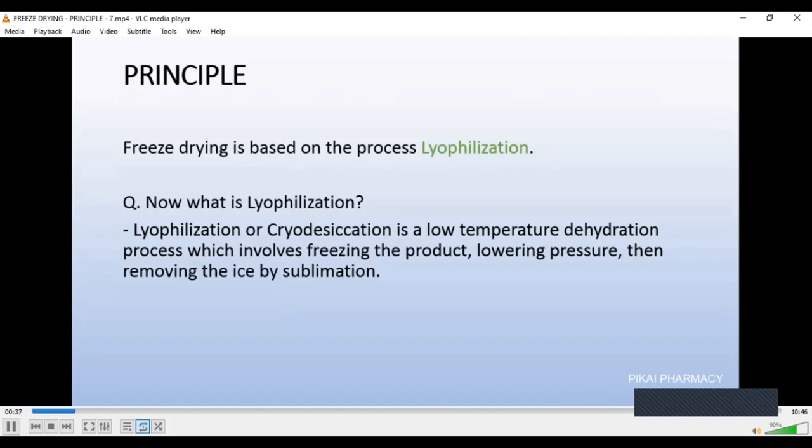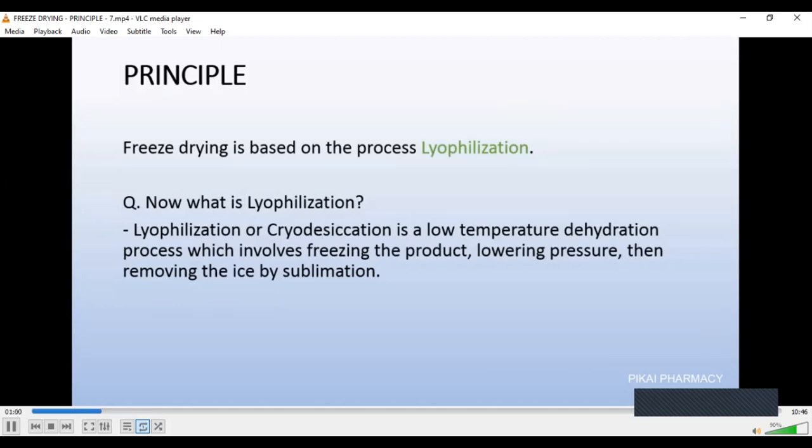So here comes the principle of freeze drying. It is based upon the process of lyophilization. So what is lyophilization? Lyophilization, also known as cryodesiccation, is a process of dehydration which involves dehydration at low temperature and low pressure, and this causes the removal of ice by sublimation.